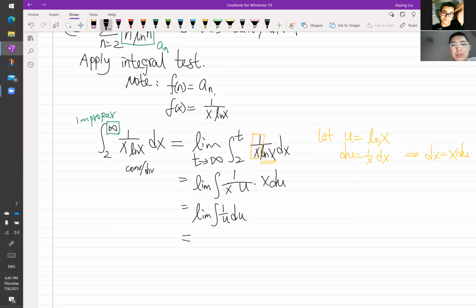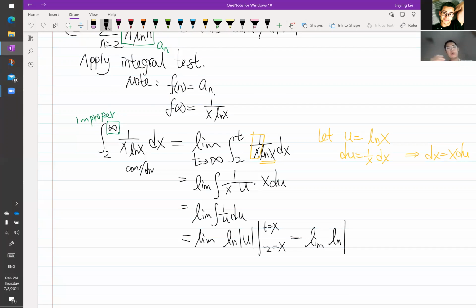And then the antiderivative would be just natural log of the absolute value of u, and we evaluate this between x equals 2 and x equals t. All right, stop me if you have any questions. So let's plug in the u: natural log of absolute value of u, where u is also natural log of x.